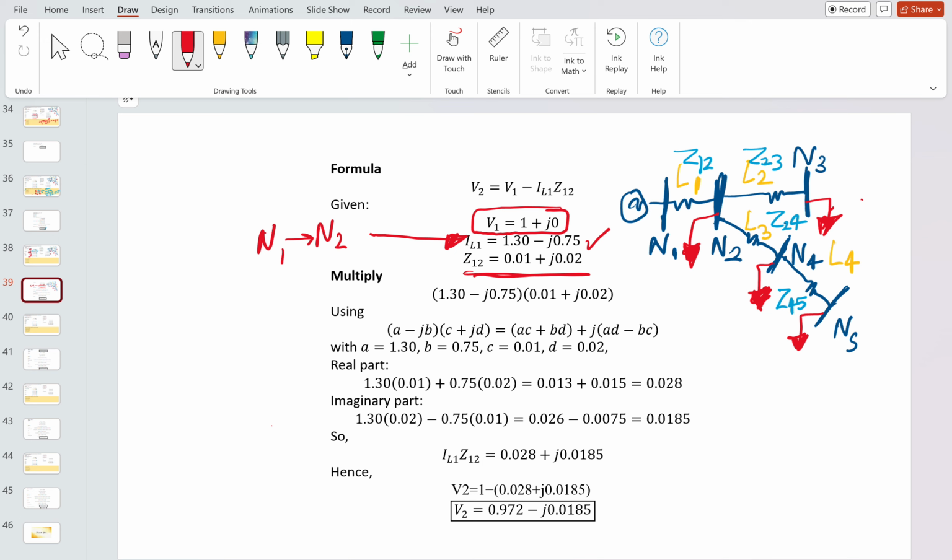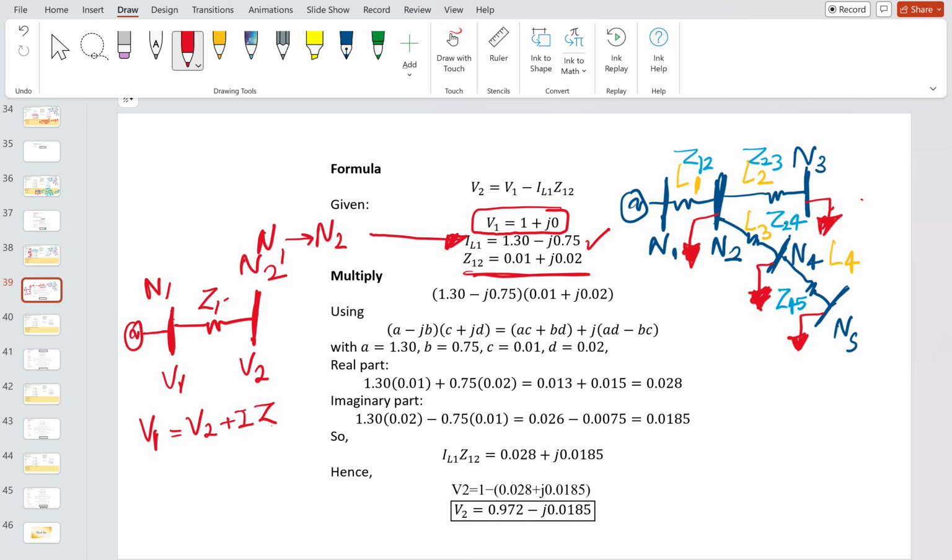Suppose the network is something like this. This is N1 and this is N2, and here the source is there. Simple equation: V1 is equal to V2 plus I times Z12.